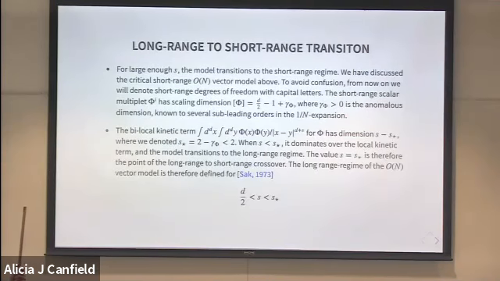If you do that, you will see that this term is more relevant than the local kinetic term for S smaller than a certain threshold value, which is almost 2. It's different from 2 by slightly below 2. It's different by the anomalous dimension of the short-range scalar field. So this is the range you get, which defines for you the regime of validity of the long-range model.